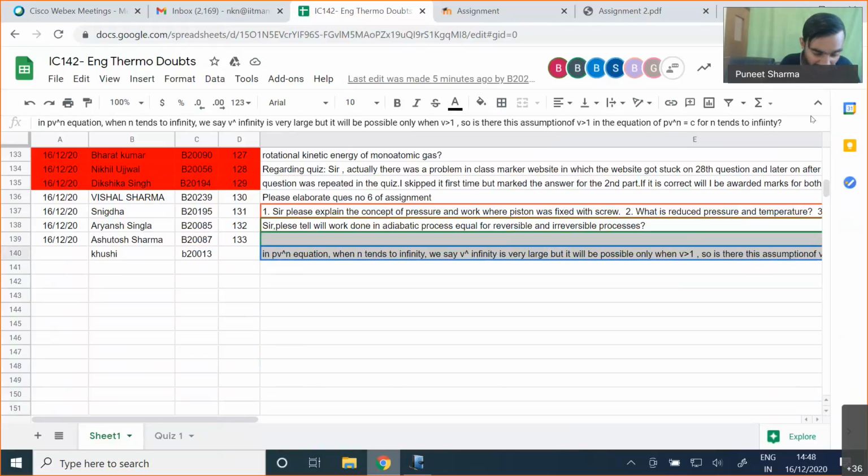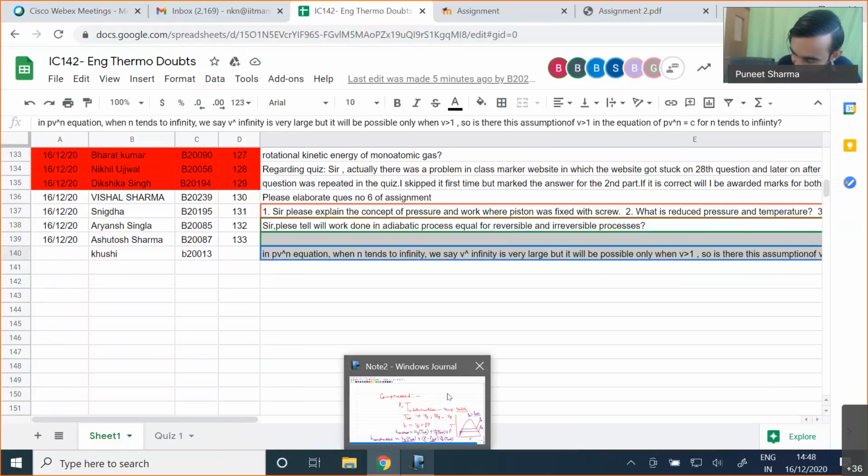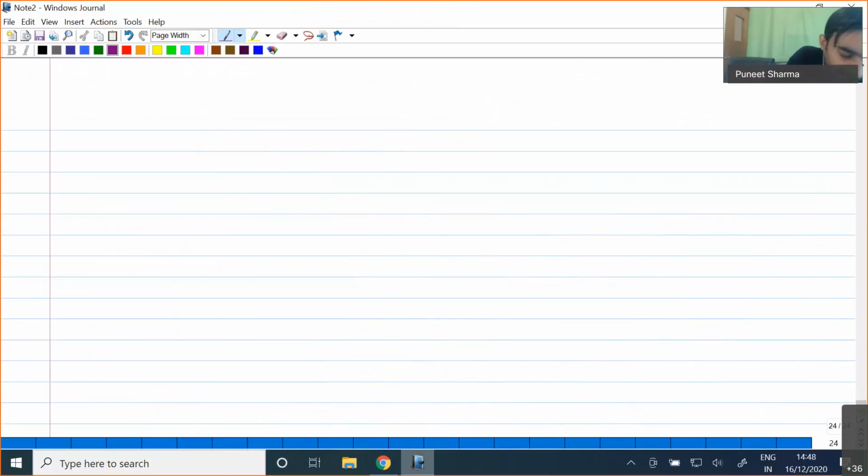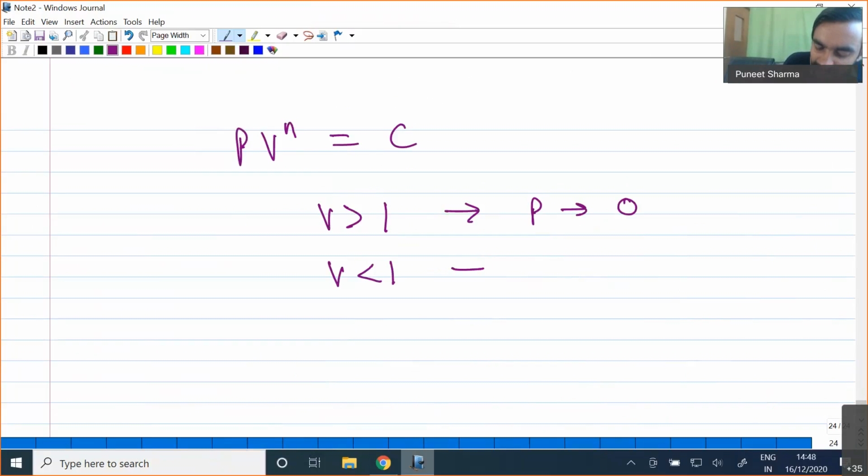No. So basically, yes, you have correctly pointed out that if we take PV power n equal to constant, if our V is greater than 1, then obviously our value of pressure will be 0, and if V is less than 1, then the value of pressure will be infinity.